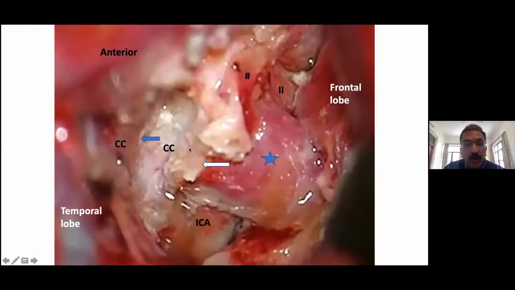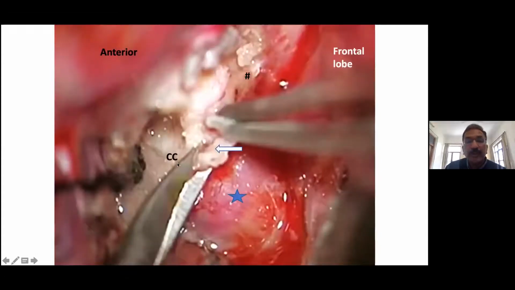This is the carotid collar that you see. So this blue arrow is the proximal dural ring. This white arrow is the distal dural ring. This is the carotid collar. And this is the ICA that you see. And a part of the carotid collar is actually covering the neck of the aneurysm. And this is the frontal lobe that you see.